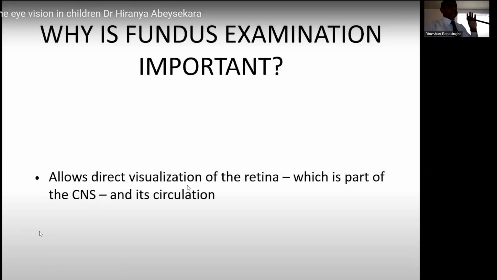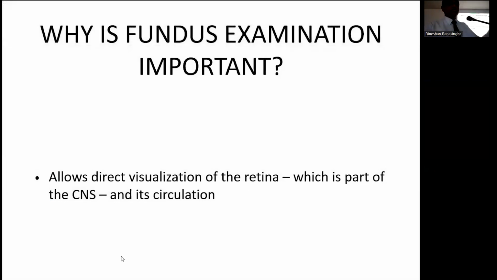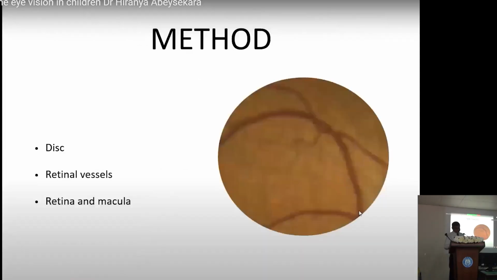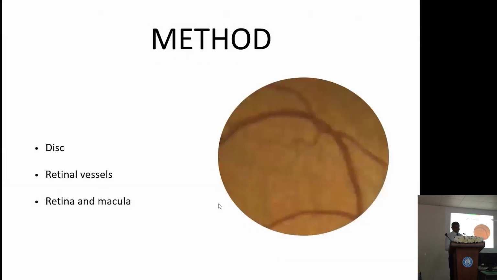So the fundus is the window to the brain, isn't it? If you can examine the fundus, you will know a lot about the status of the brain as well. When you first attempt to see the fundus, you will see something like this. You will never see that nice textbook picture with the disc and the blood vessels and the macula and everything. That's a digital picture.